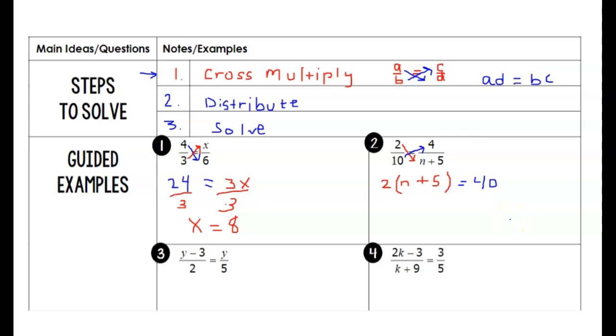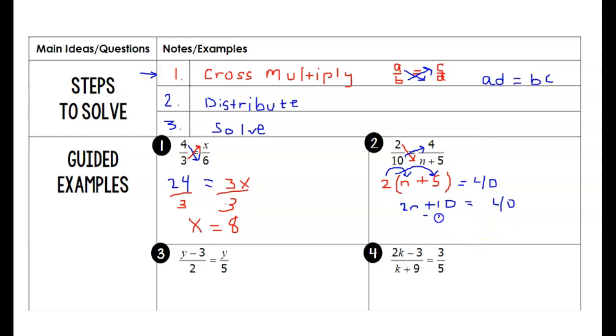Now, I have cross multiplied. I go to my second step, right? Which is distributing if necessary. Now this looks like something I can deal with. Distributing, I know I have to do the distribution here with my 2 to the n plus 5. So I got a 2n plus 10 equals 40. And now I'm going to subtract 10 on both sides to get n by itself, because this is looking good.